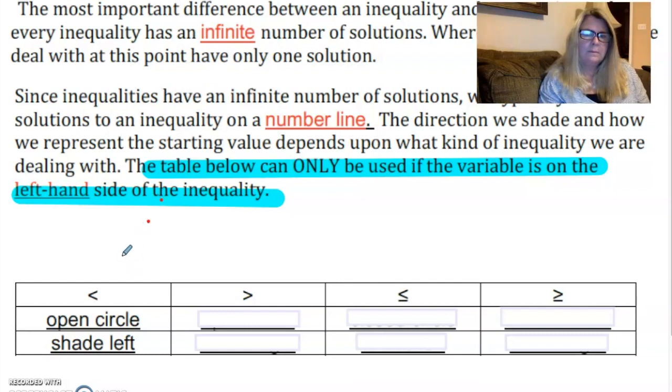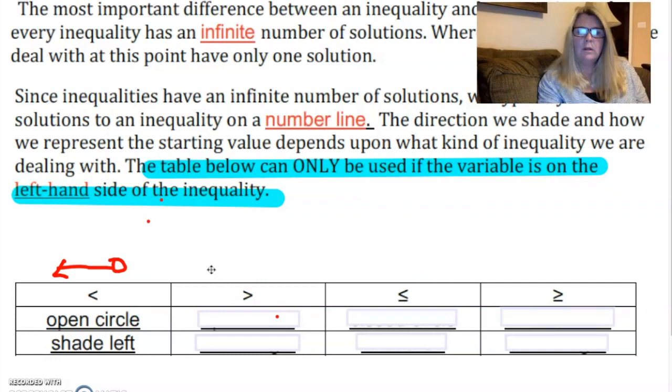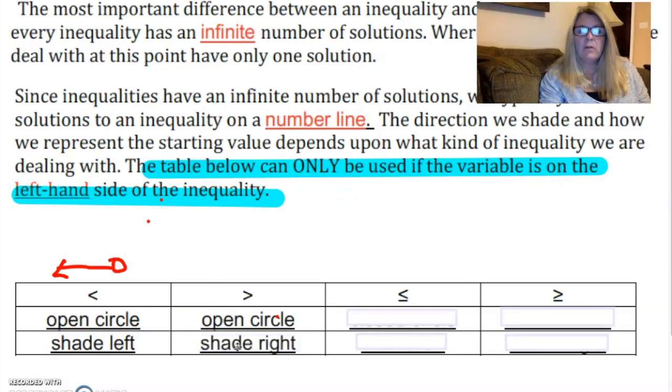An open circle shading to the left. On this one, there's no equal to sign with it, so again it would be an open circle, but this time it says greater than. Greater than means we shade to the right of that number. An open circle shaded to the right.